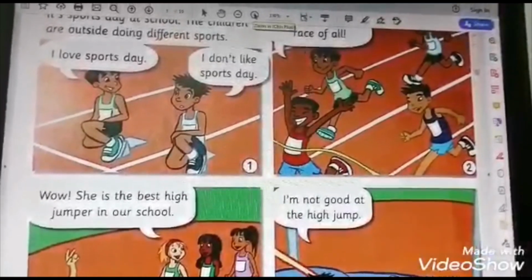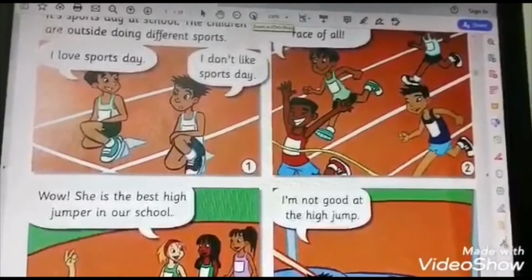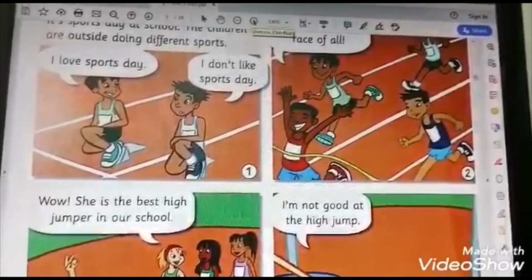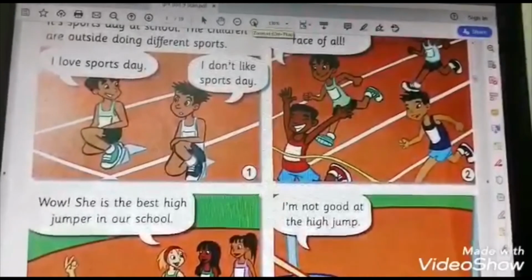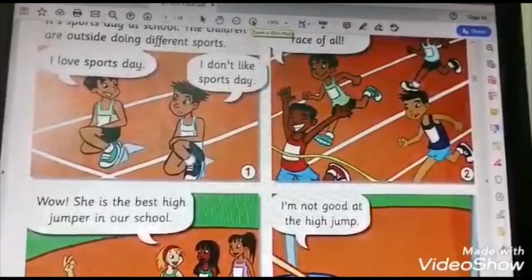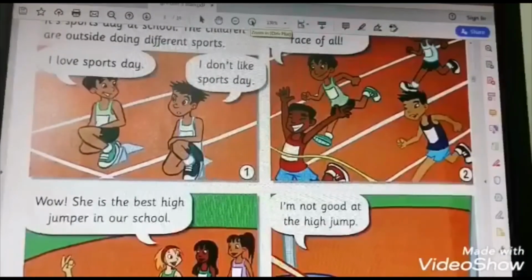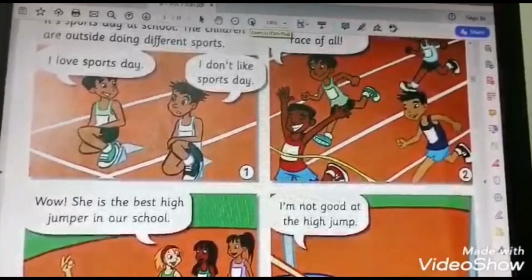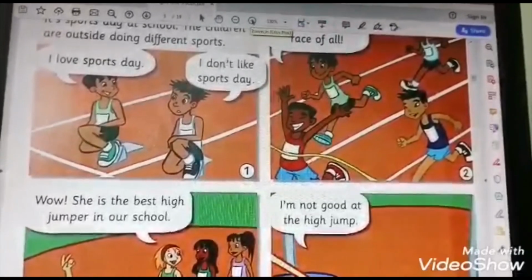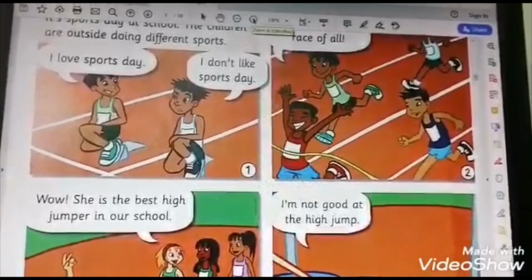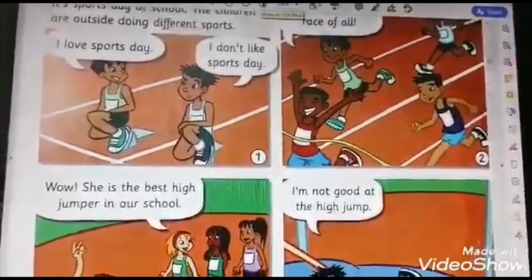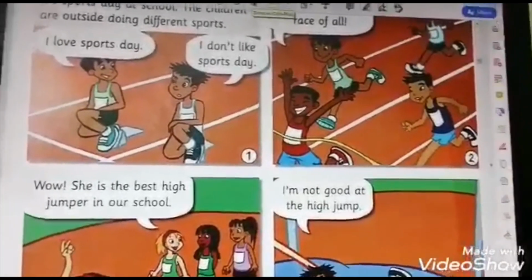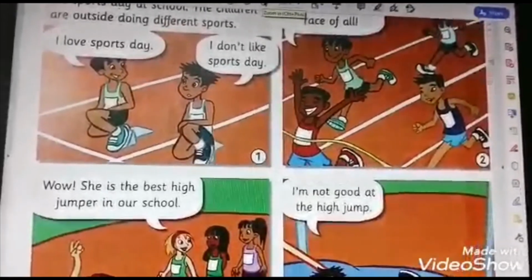This is the easiest race of all. Wow! She's the best high jumper in our school. I'm not good at the high jump.